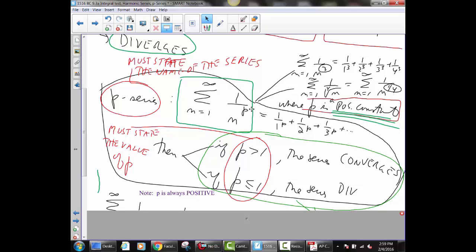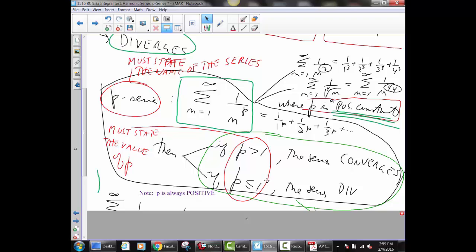But you have to keep in mind that the p is the exponent in the denominator. So, since the numerator is 1, obviously the bigger and bigger the denominator gets, the smaller and smaller the value of the fraction gets. So if p is large, then this denominator is going to get big really fast, which means that the 1 over that is going to get small really fast, and that means the series will converge.